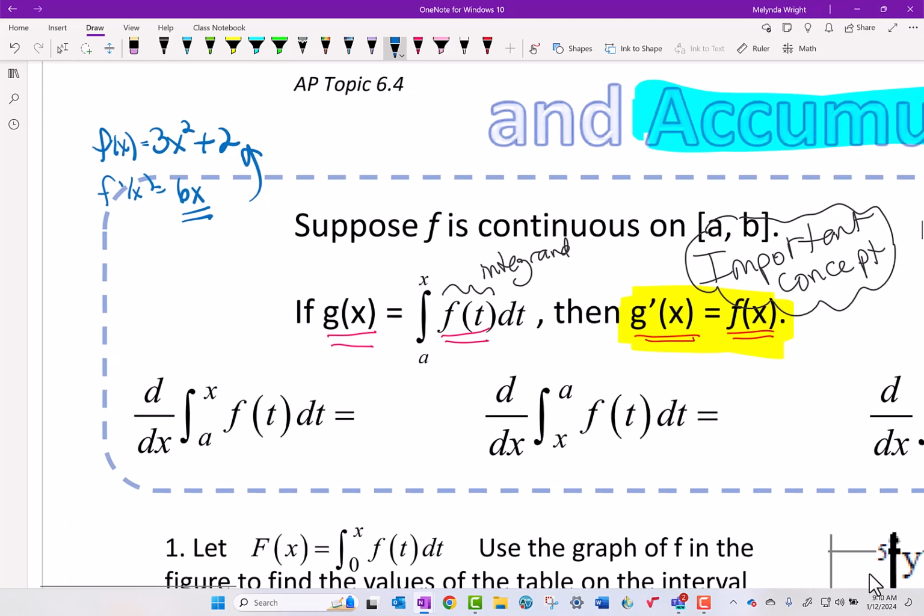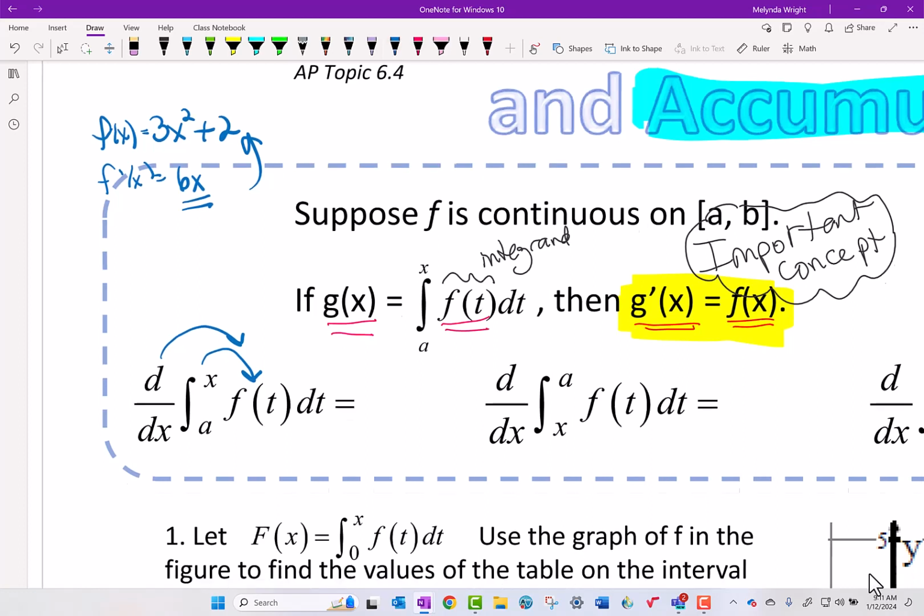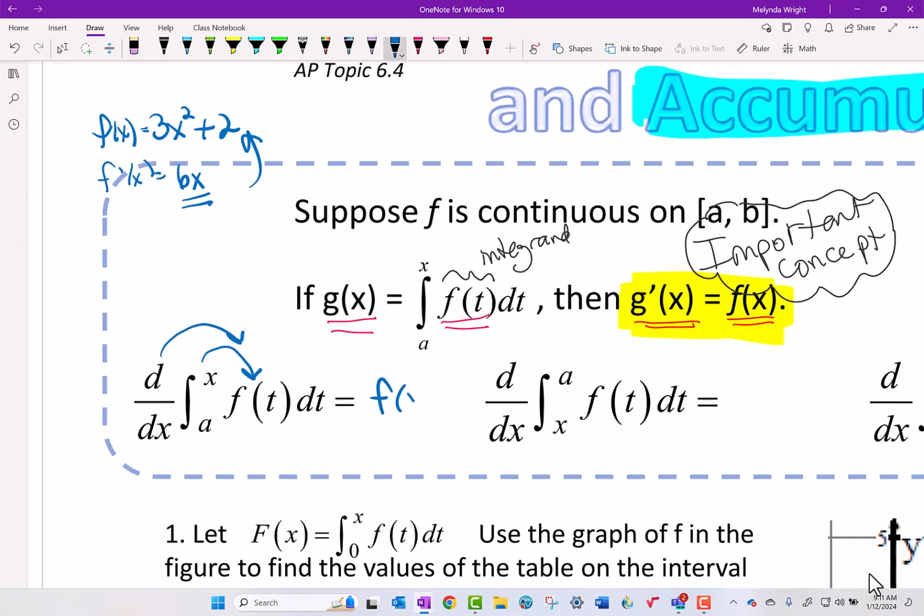So if I am integrating f, and then I turn around and take the derivative of what I integrated, then I've undone what I have. Does that make sense? I undid it. So this would actually give me, the answer is f of x. And students are like, no, no way, that's not, I promise it works.